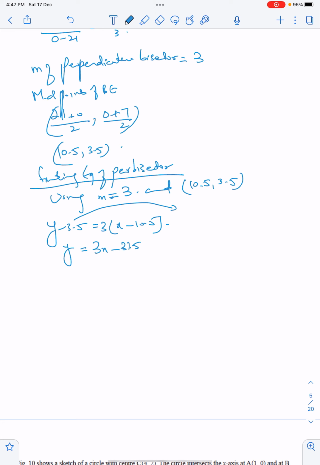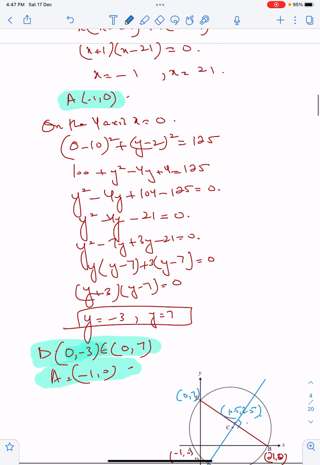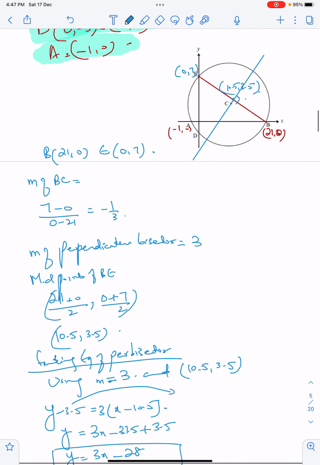This negative 3.5 also comes here, becomes positive 3.5. So y equals 3x minus 28 is the final answer. This is the equation of the perpendicular bisector, and now we have to show that the point C also lies on this line.